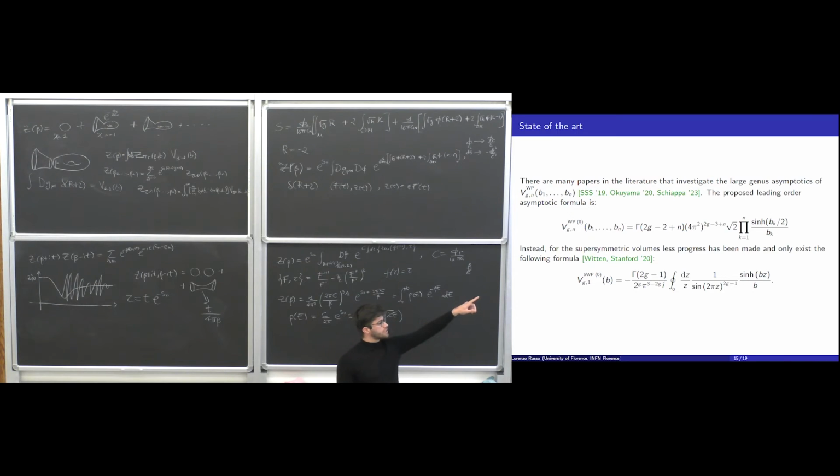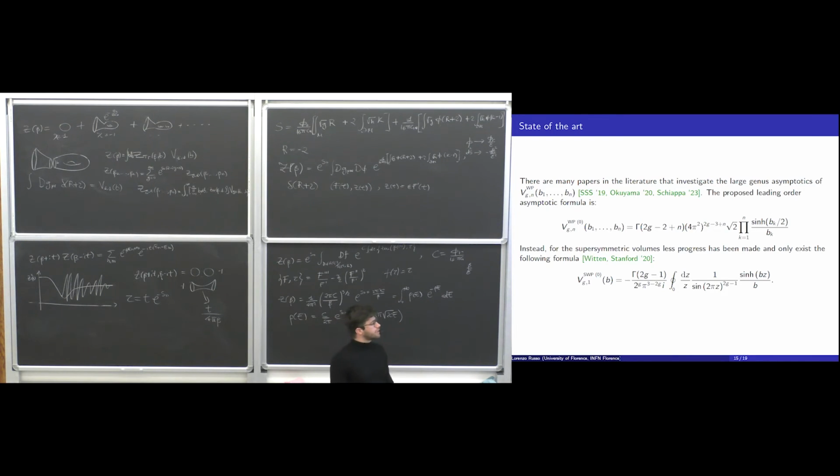They diverge as 2g factorial, but as you can see from the product of hyperbolic sines on the right-hand side, these asymptotic formulas do not respect the polynomial structure that we have on the left-hand side. This is not a problem in itself, meaning they are good asymptotic formulas, but if you want to use this expression in some integrals, such as the ones that I showed you there, the exponential behavior of these sine functions is not so good. You have to be very careful while using them.